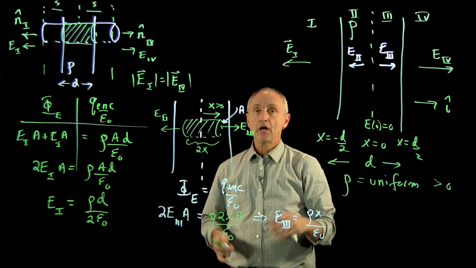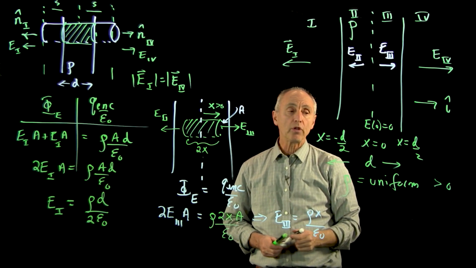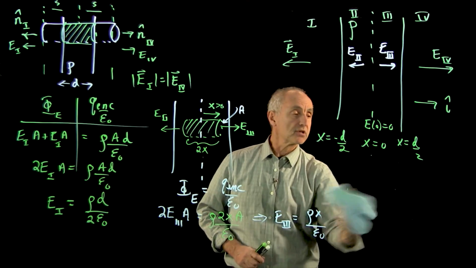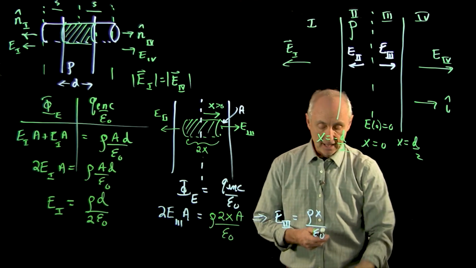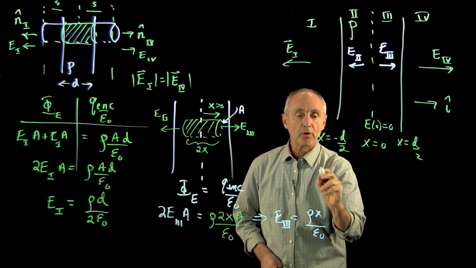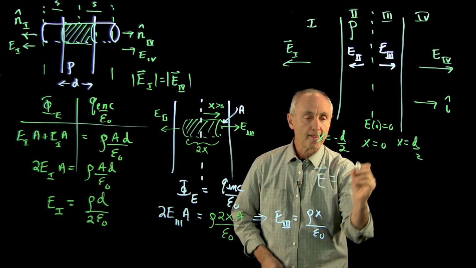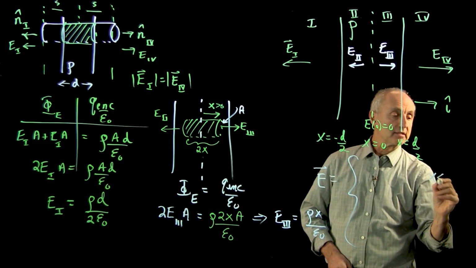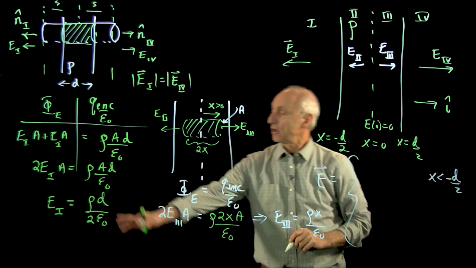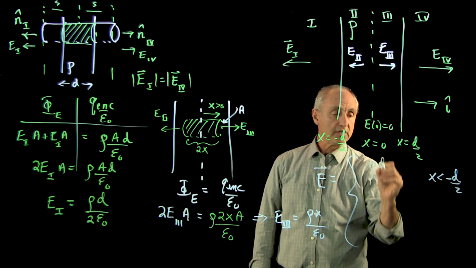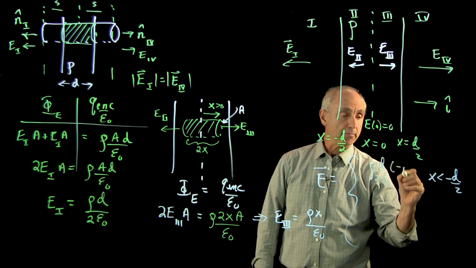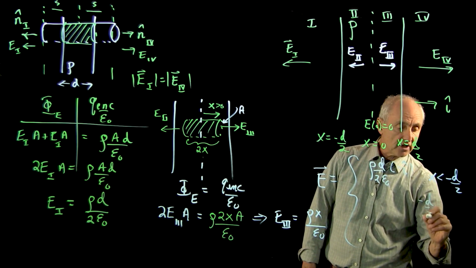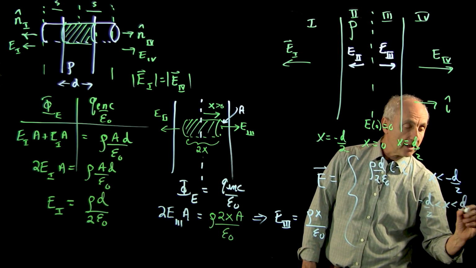And we want to finish by writing down an expression for all of the electric fields in these regions. This is a little complicated, but we'll write E. So in region 1, which is when x is less than minus d over 2, we calculated that field, rho d over 2 epsilon naught in the minus i hat direction. Now, I can do something interesting, which you'll see handles both cases.